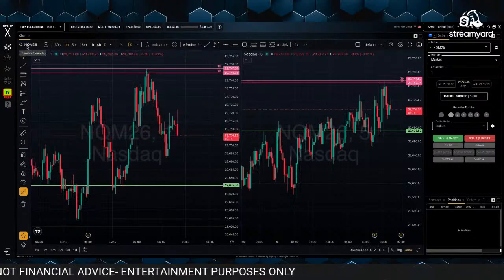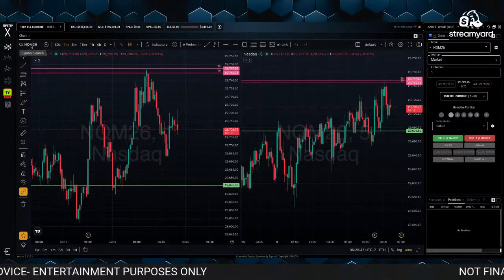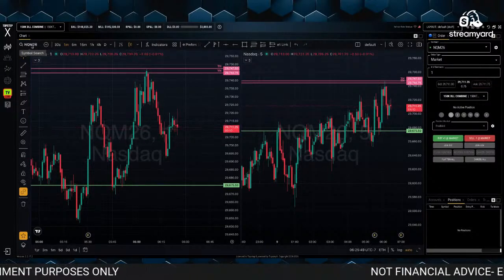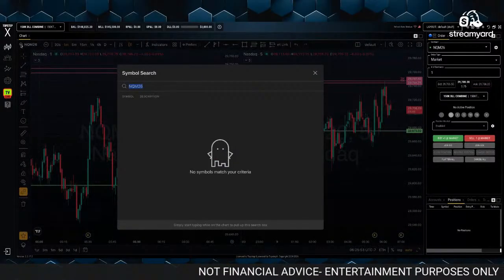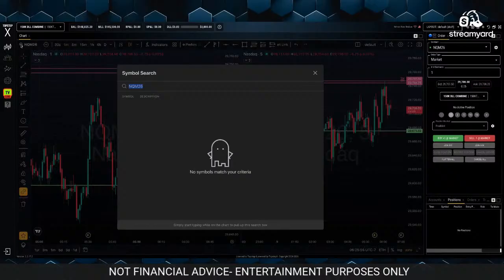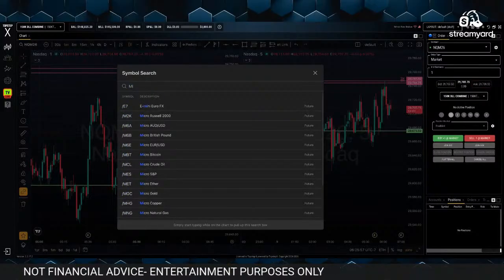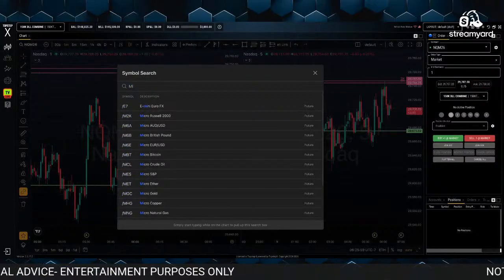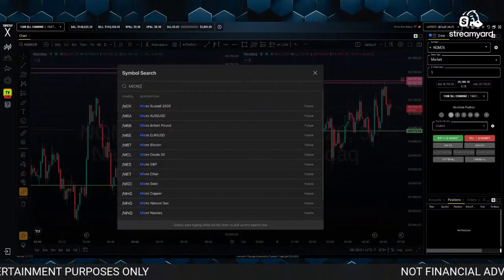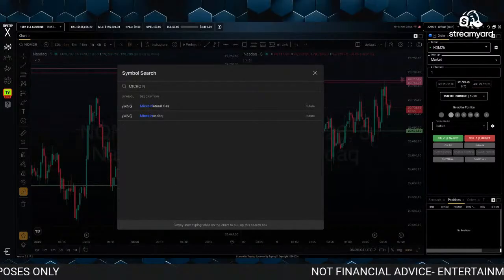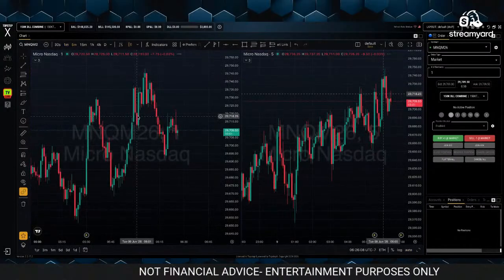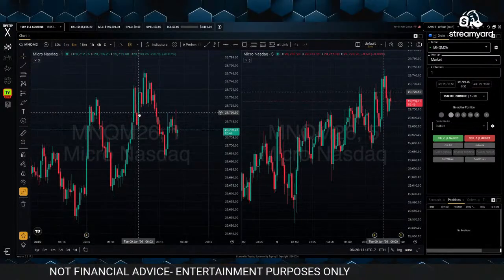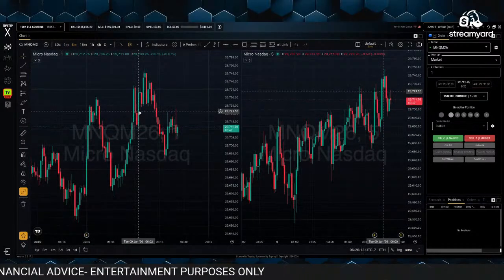So this is NQ. To go smaller, you need micros. Micro NASDAQ, MNQ, this one right here, it's the same chart, but it's micros.